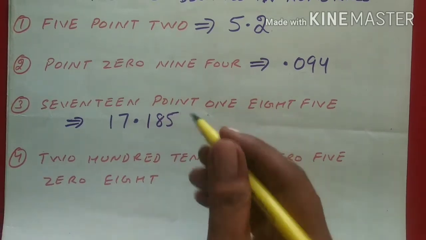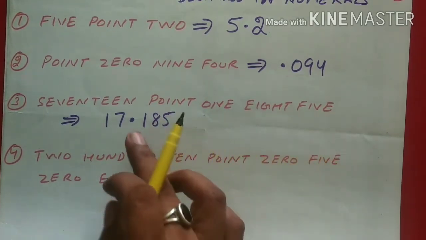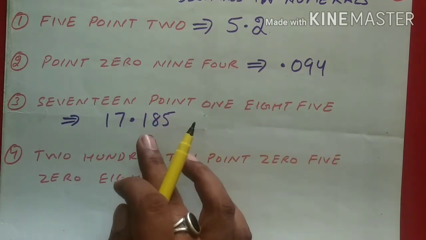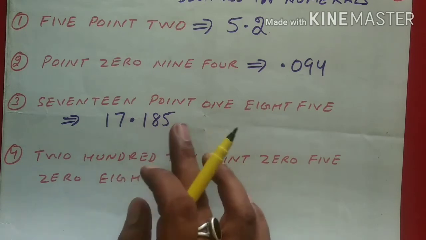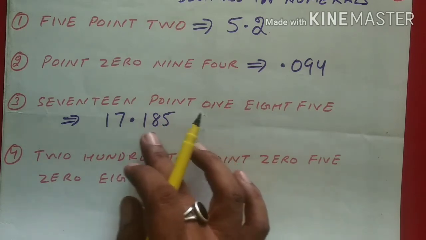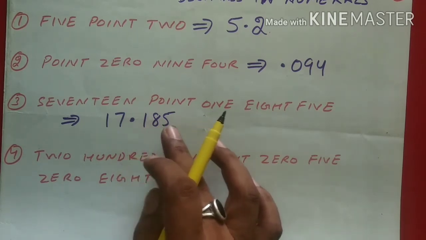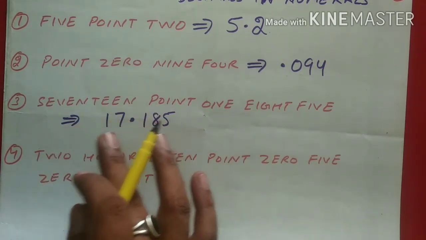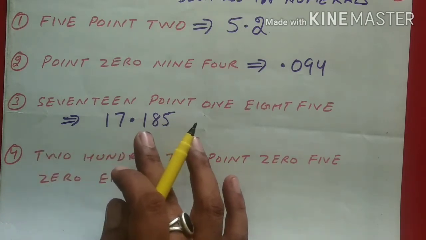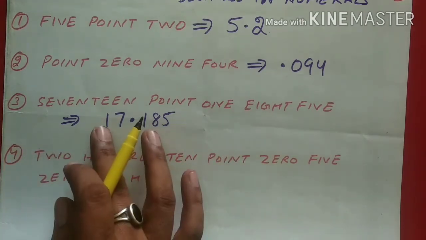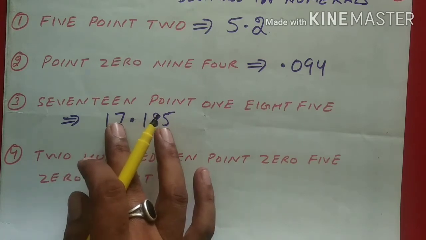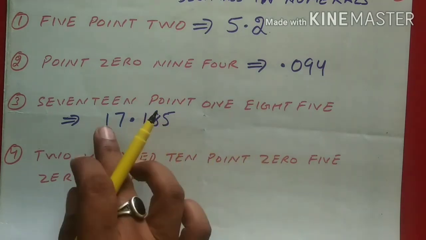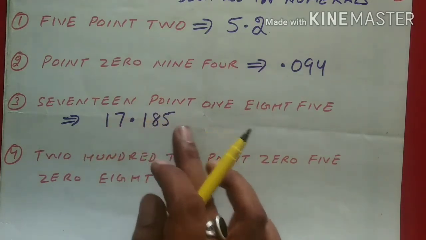Now you have to learn one thing: after the decimal, if anything is written, it can be uttered only in single digits. It will not be read as one hundred eighty-five; it will be read as one, eight, five. But before the decimal, that will be read as a complete number, so it will be read as seventeen. So it is 17.185.